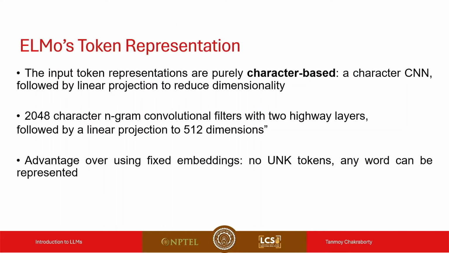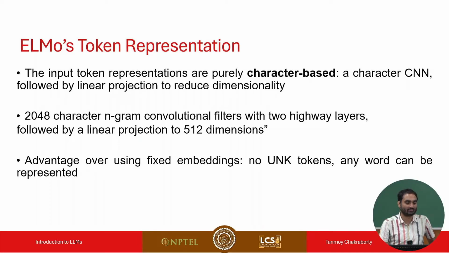Some other properties of this: ELMo uses token level representation. This token is essentially character level token, not a word level token. Okay, so for that they used a CNN, right, 2048 character CNN conv layer, and then some linear projection and so on and so forth.